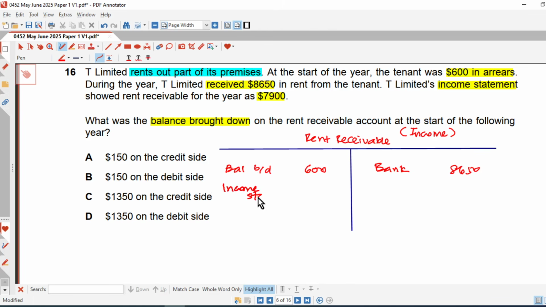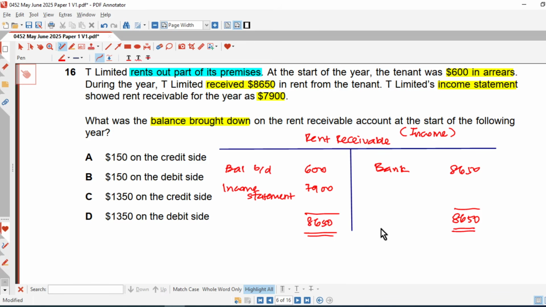Alright, the income statement, you're gonna park it on the debit side because you'll bring it over to the credit later in the trial balance. So let's try to work out some figures here. Obviously, I think the credit side is still larger, 8,650.